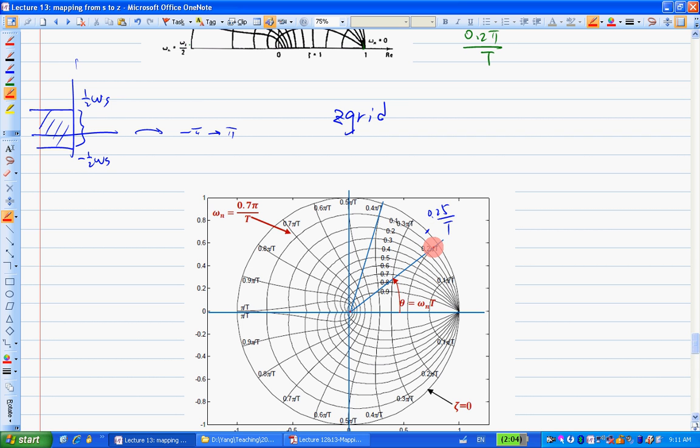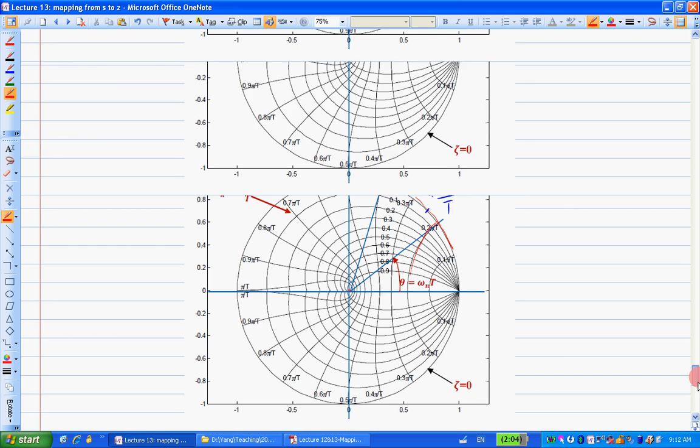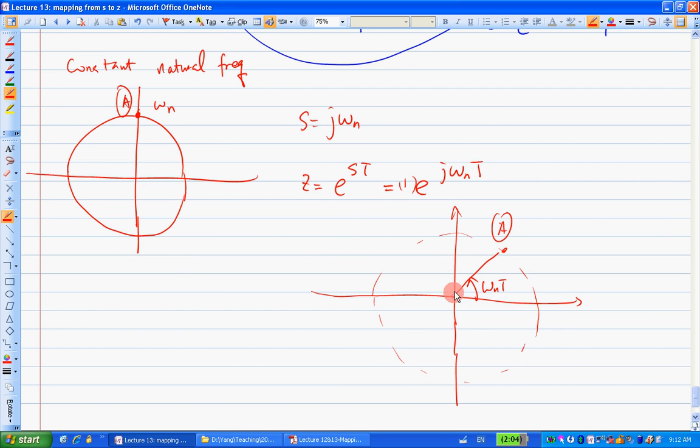So what happens is this line represents the constant natural frequency. This curve is perpendicular to each one of these constant damping ratio circles.